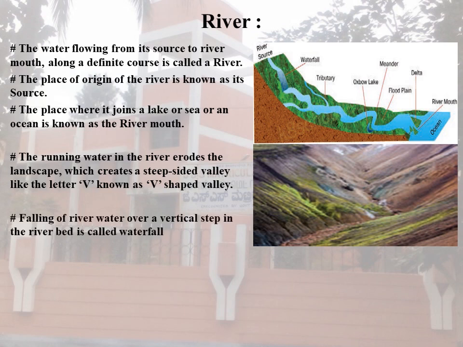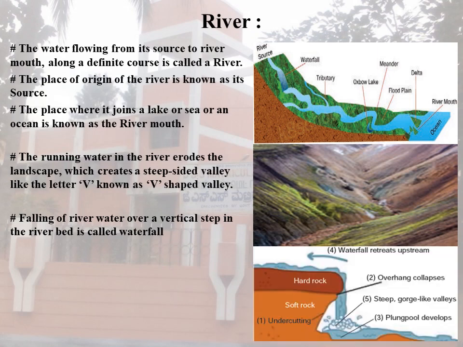The next one is the falling of river water over a vertical step in the river bed, called a waterfall. It is formed when soft rocks are removed by erosion. Example in Tamil Nadu: Kutralam Falls across the river Chittar.